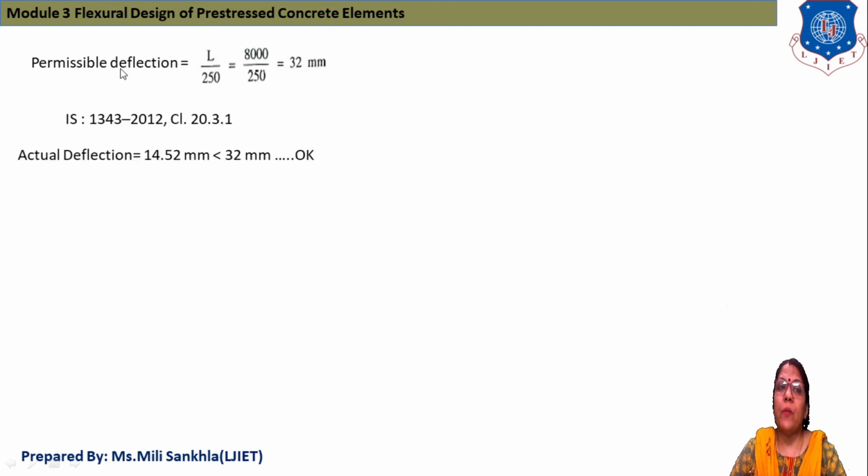Okay, and the permissible deflection according to our code is L divided by 250, span 8000 divided by 250 is 32 mm. This clause is given in IS 1343/2012 clause 20.3.1. Here the actual deflection is 14.52 and according to code the permissible is 32 mm. So the actual deflection is less than the permissible deflection of 32 mm. That means the deflection is within safe criteria.